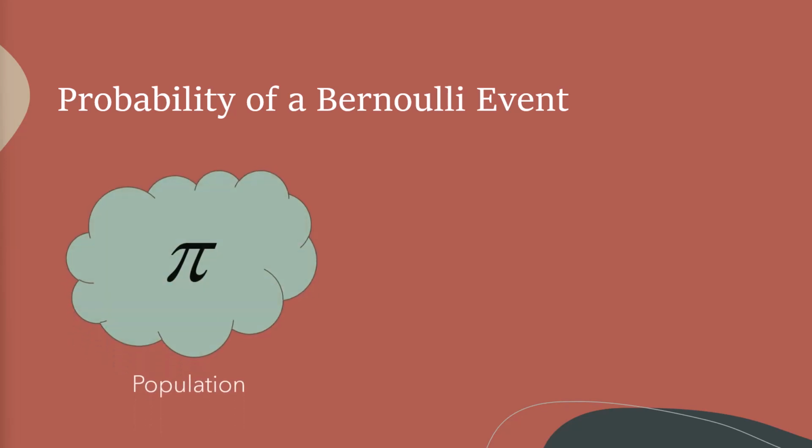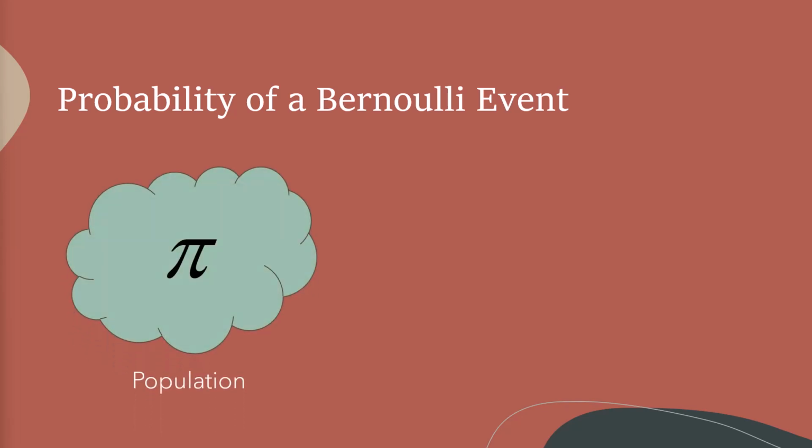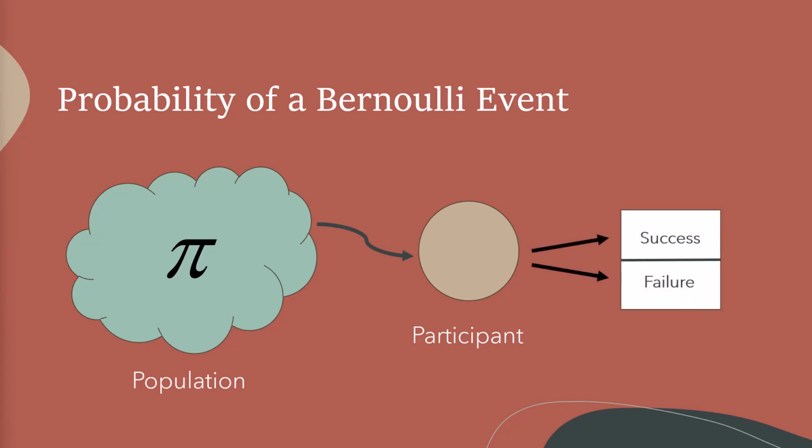Here we have a population. Let's suppose that the proportion of individuals who are going to pass the test or be successful in some other way is symbolized as pi. We draw a participant at random and categorize that participant as successful or as having failed the task. What is the probability that that individual will succeed?